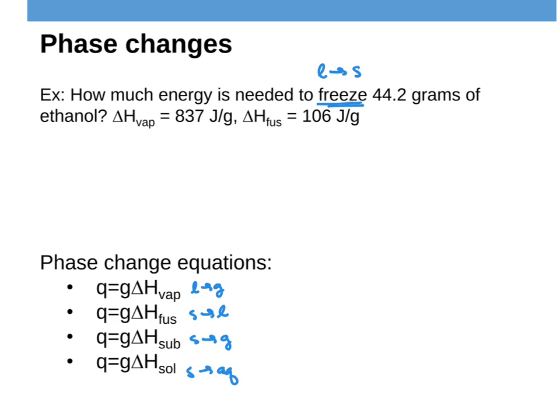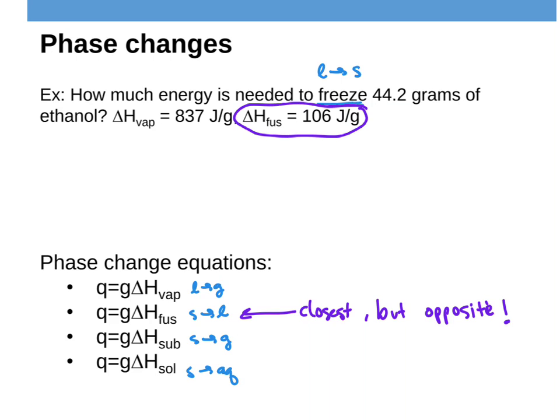So the closest is going to be this, right? My heat of fusion is the closest. The only thing is it's opposite. So that means I'm going to go ahead and use the delta H of fusion.